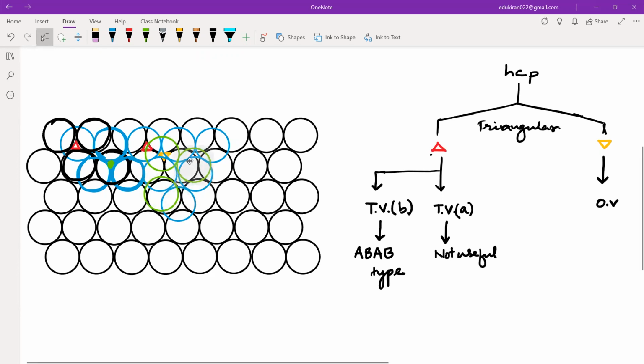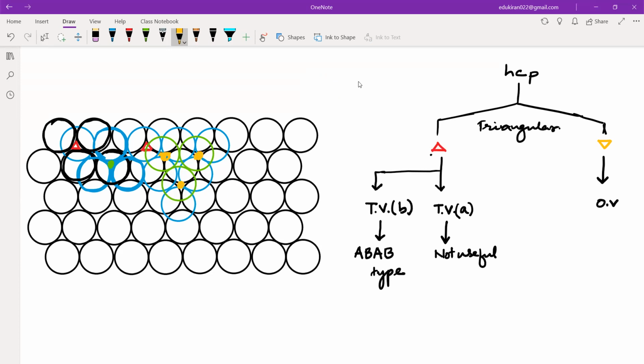Then again a green atom here covering the next octahedral void. And then there will be a green atom here covering this octahedral void. So the octahedral voids that we are trying to cover are this void and this void. Okay, so we have covered all of these octahedral voids.